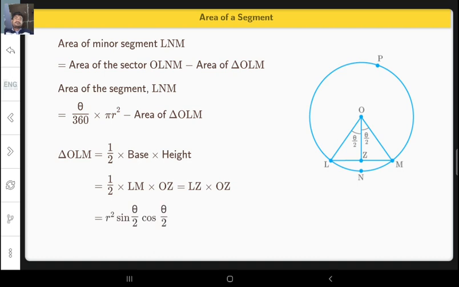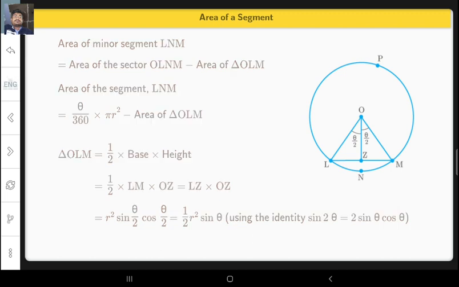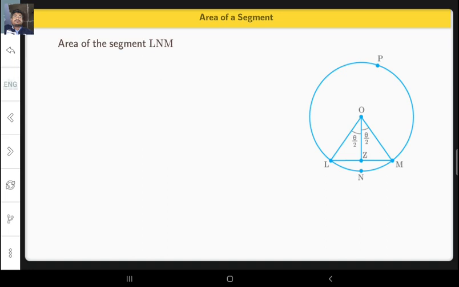Using a trigonometric identity, we find that the area computes to 1 by 2 r square sine theta. Substituting this value, the area of segment LNM will be.